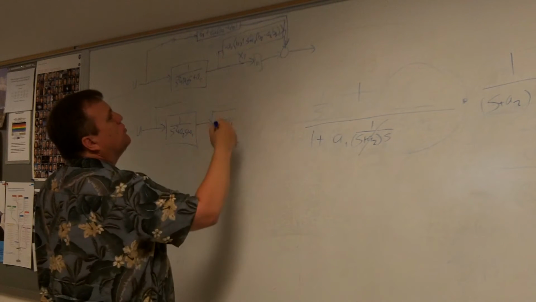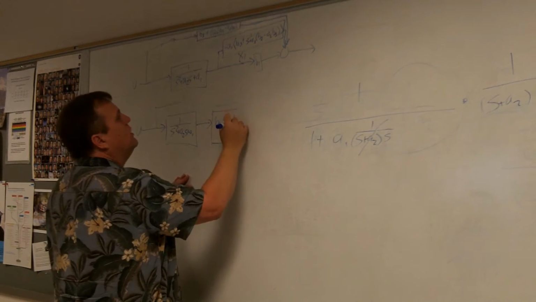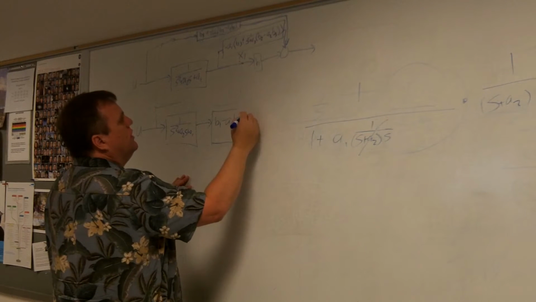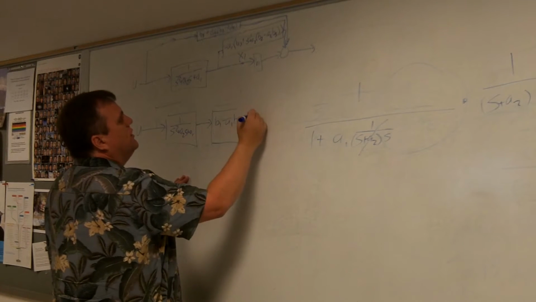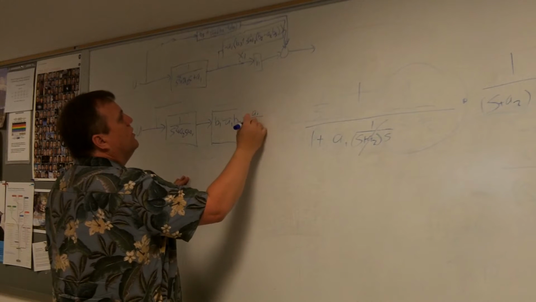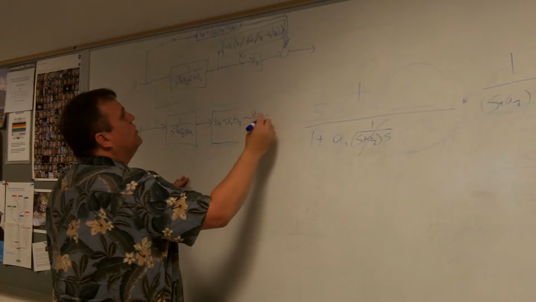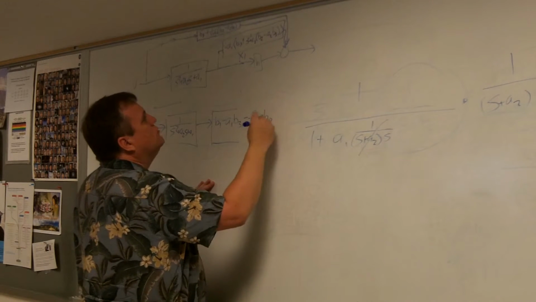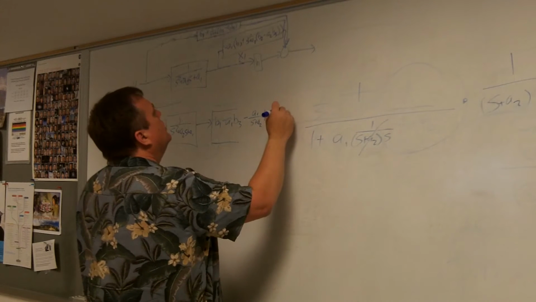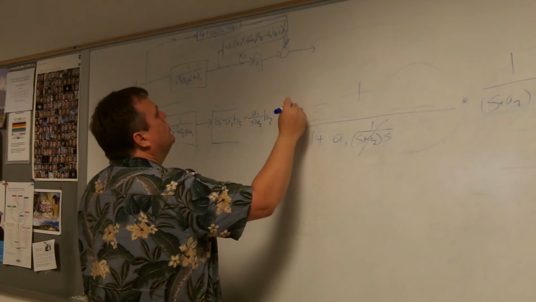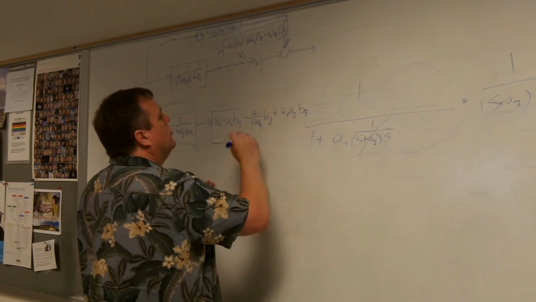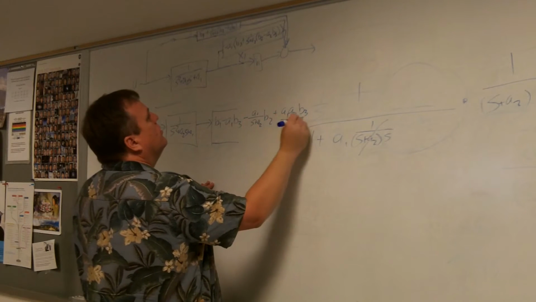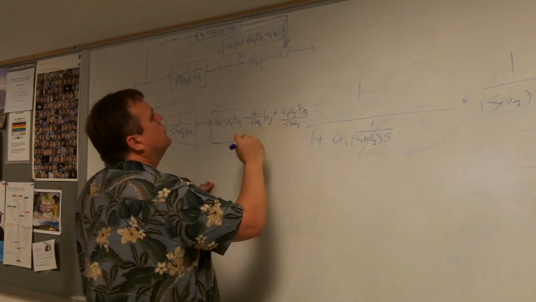I'm going to distribute through just to kind of clean this up a little. B3 minus A1 over S plus A2 times B2 plus A1, A2, 3 all over S plus A2.